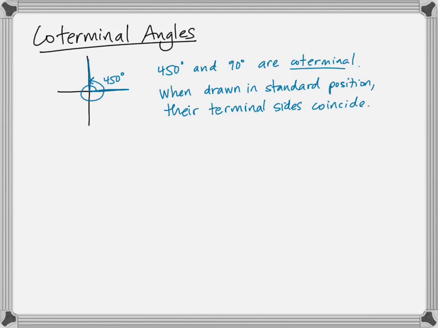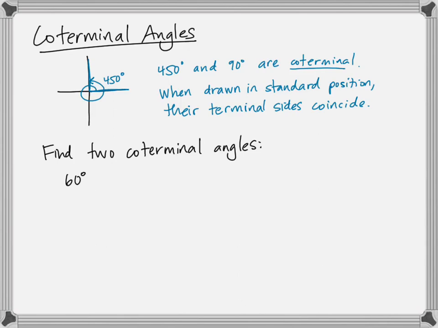All right, so that's all we're going to do, start off with an angle and find coterminal angles to it. Okay, so just as an example, we're going to find two coterminal angles. We're going to start off with 60 degrees.